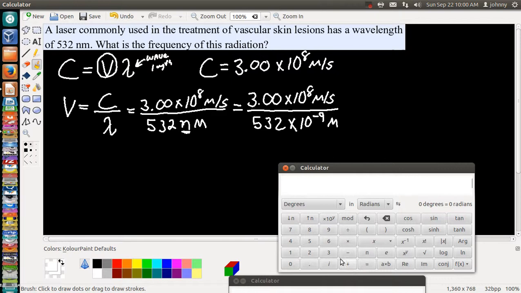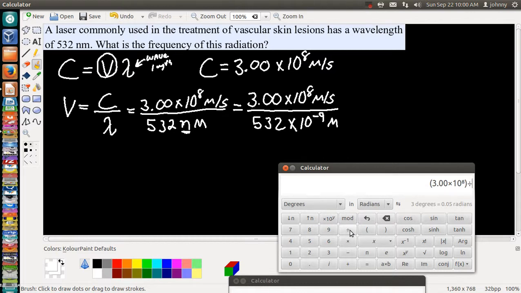So let's go ahead and punch this in. I've got 3.00. Now, if you really want to, you can use parentheses on that, if you're paranoid. I'm not paranoid, I swear. Times 10 to the 8th. Close your parentheses. So that way you've got extra insurance, so to speak.